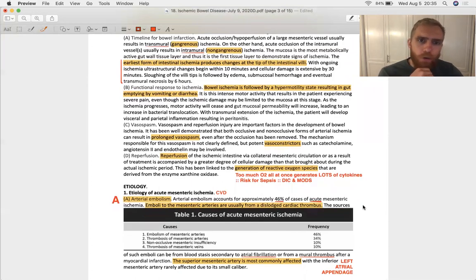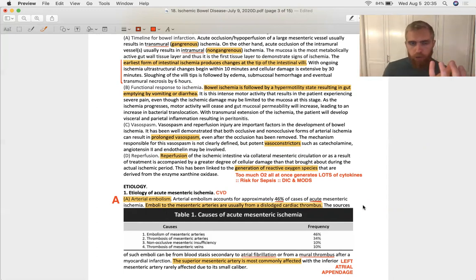Still talking about general principles of ischemic bowel disease. Transmural ischemia, the whole wall is ischemic, can lead to gangrene, which is, this SDL defines it well. Gangrene is necrosis plus infection.